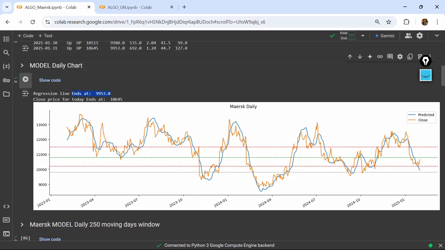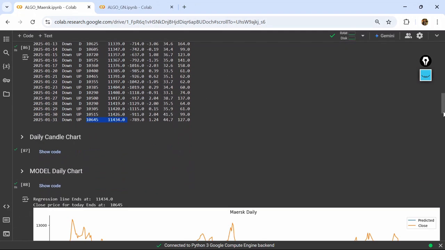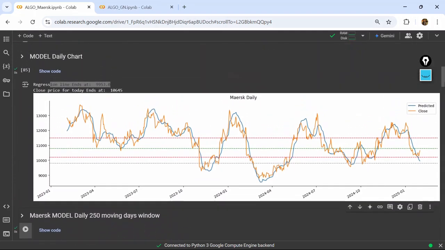This is the model regression line, 9009 on 25 days, and this is built on the 250-day moving window. Here the test data is quite a large data set, so that's why you can see there is a difference in the model prediction. The model predicted value is 11,434, but the closing price is the same. So why do we have this difference? It's only because of the amount of test data we have in the 250-day window versus the 25-day window.